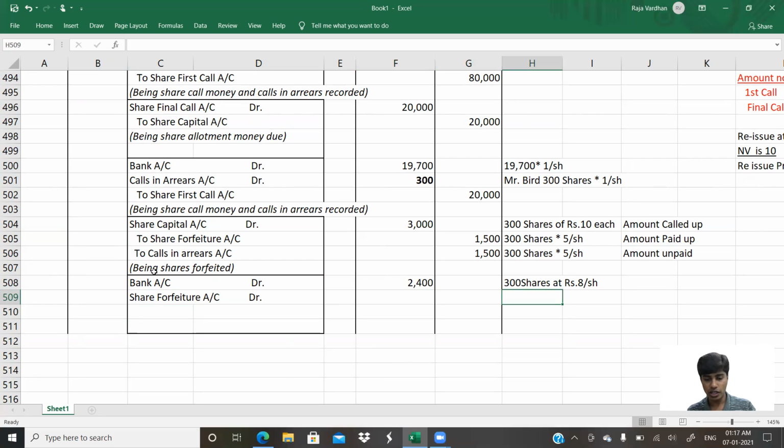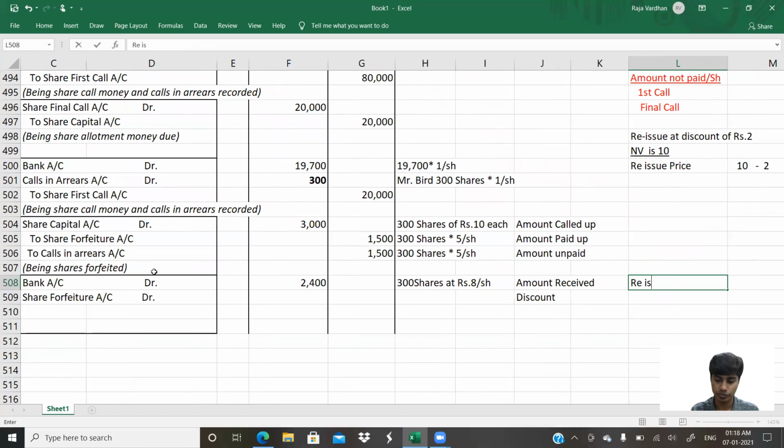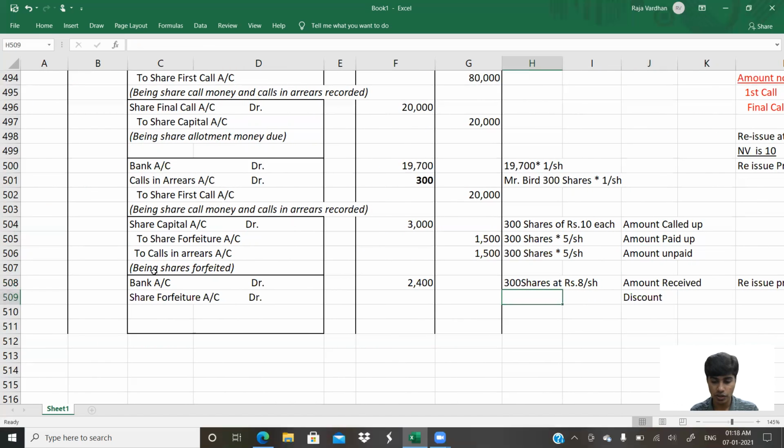Share forfeiture account. How much money? Okay, this is with regard to the discount part. Here it is amount received or reissue price. How much is the discount here? 300 shares into rupees 2 per share. That is the discount part. So that is 300 into 2, which comes to 600. So total, it will go to which account? Share capital account.